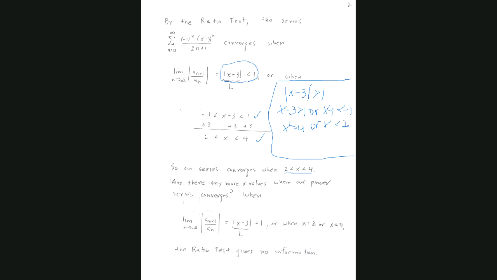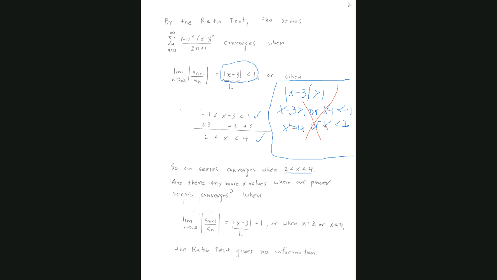But those x values, x greater than 4, x less than 2, those x values we do not worry about. The power series diverges for those x values by virtue of the fact that the absolute value of the common ratio is greater than 1 for those x values.